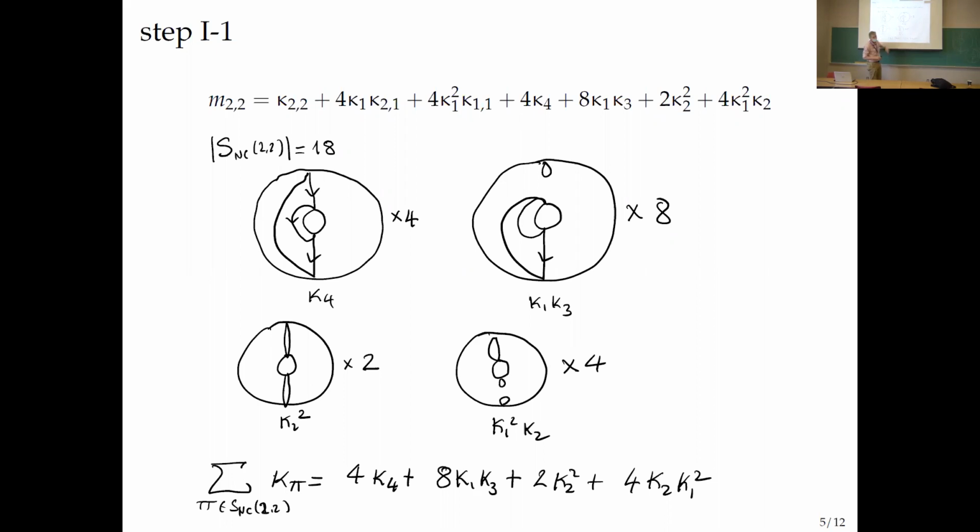So there's actually just 4. Because you can put this guy on the top or the bottom, and that guy on the top or the bottom, and then the rest is forced. So if you just sum over these ones where the pi connects the 2 things, you get these 18 terms.